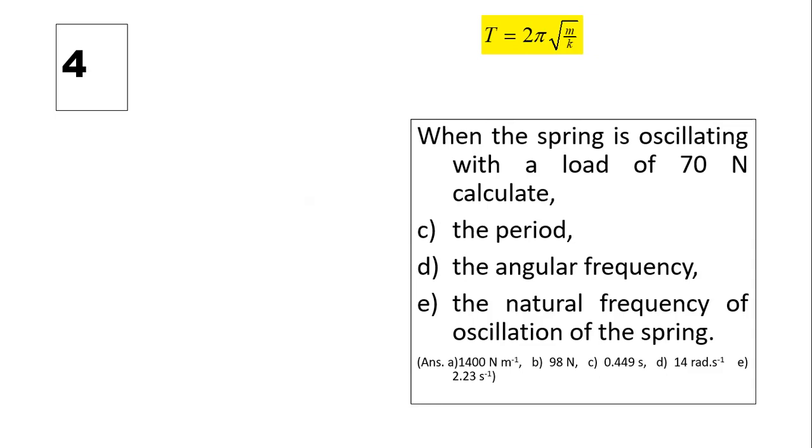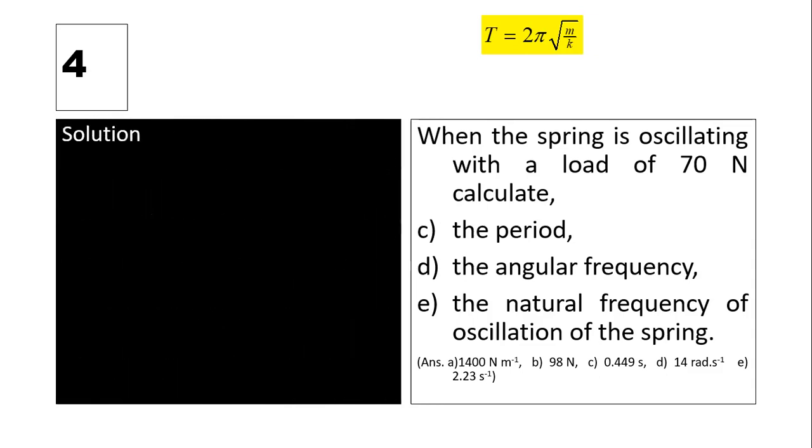Come on. How to calculate the angular frequency from the period? What formula? It's supposed to be T equals 2 pi over omega. Okay, good. 2 pi over omega.